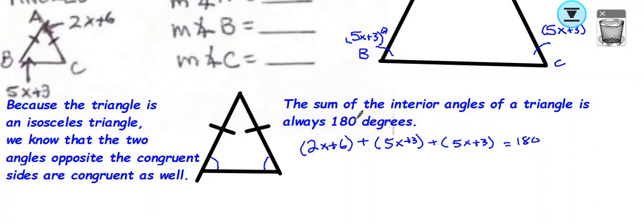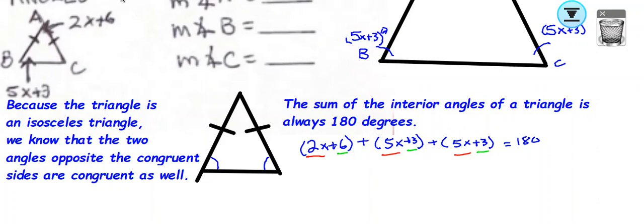So at this point, let's combine all our like terms. So let's maybe put a different color. Let's mark all our x's one color and maybe mark our constant terms another color.